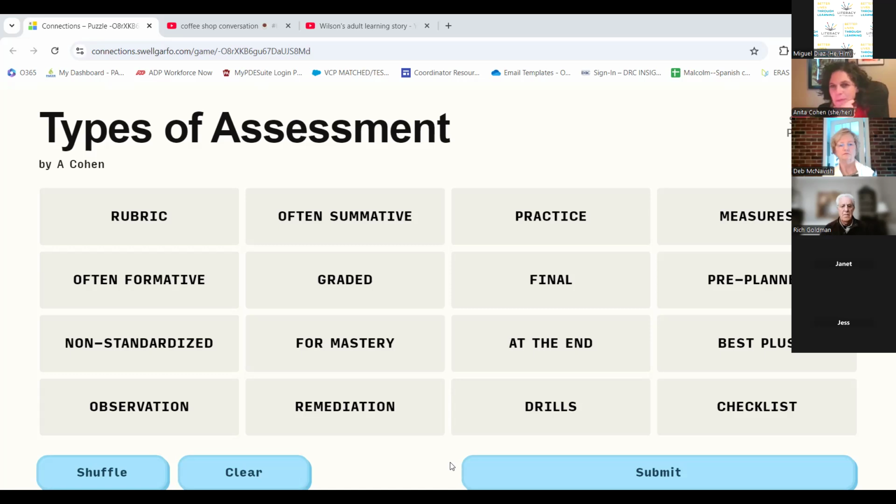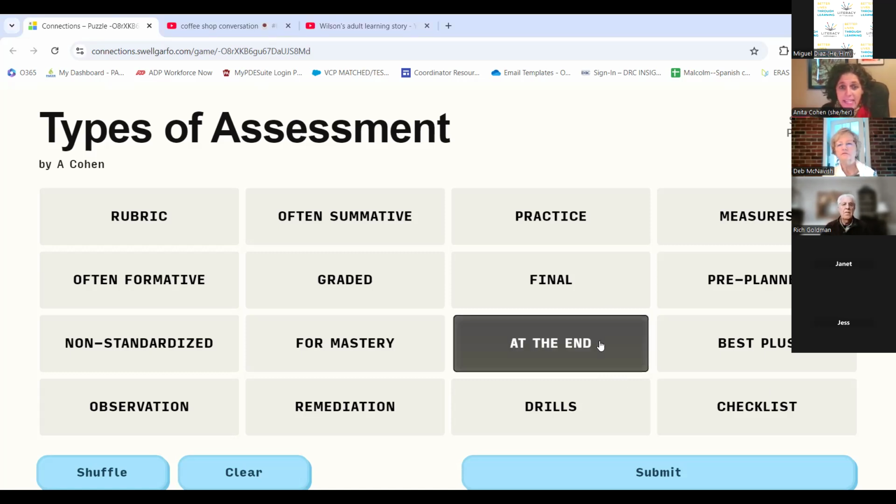And I wanted this to be a quick little check-in, a quick assessment to see how well you learned your 4 new vocabulary words for the day. So I don't know if you want to take a look at that. If anybody wants to shout out some answers. I know we're running low on time, so I don't want to belabor it, but if we think about summative assessment, it's at the end.